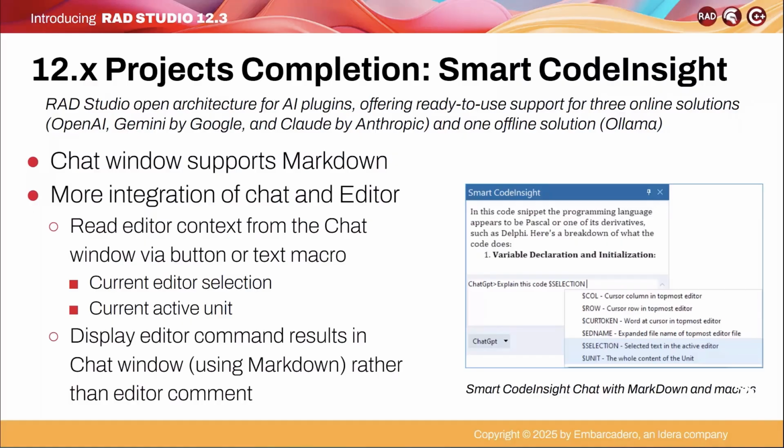The other change is that it allows reading editor content, and this can be done in 2 ways. You can click on one of the buttons that are available to copy some of the editor content into the actual prompt, or you can use special macros in text to extract the same information in a more programmatic way.